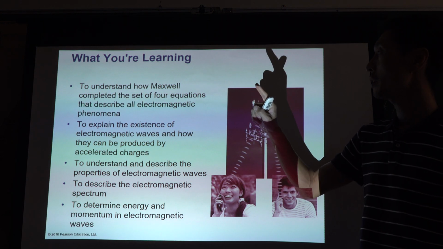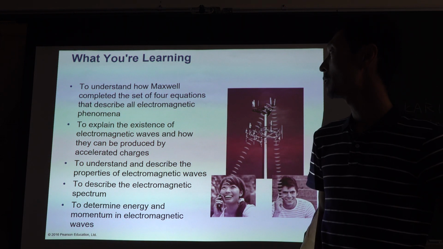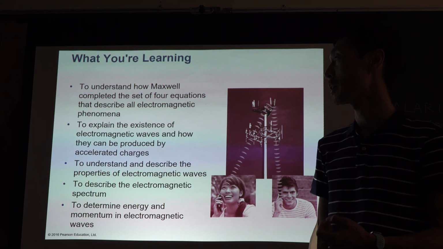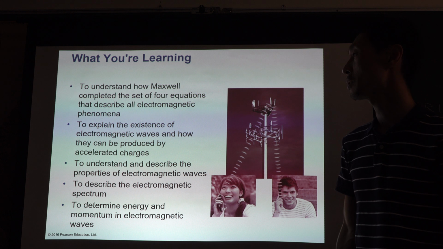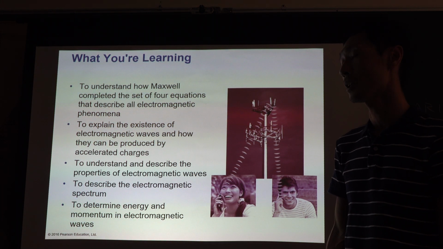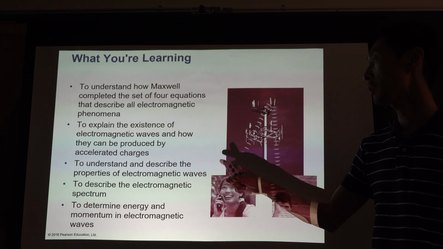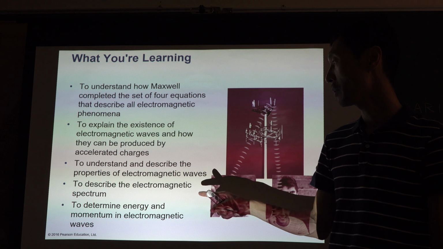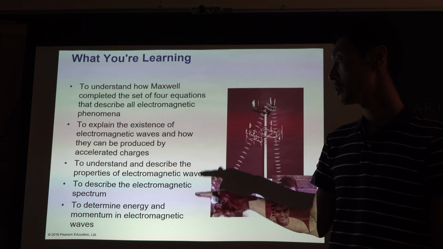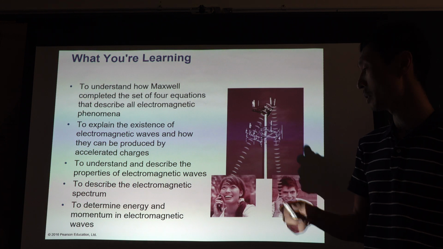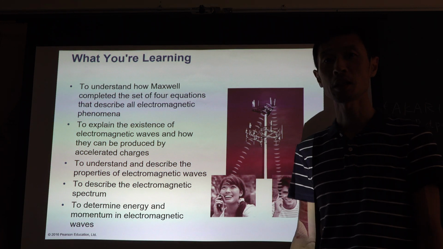To understand how Maxwell completed the set of four equations that describe all electromagnetic phenomena, to explain the existence of electromagnetic waves and how they can be produced by accelerated charges, to understand and describe the properties of electromagnetic waves, to describe the electromagnetic spectrum, to determine energy and momentum in electromagnetic waves. Let's get started.